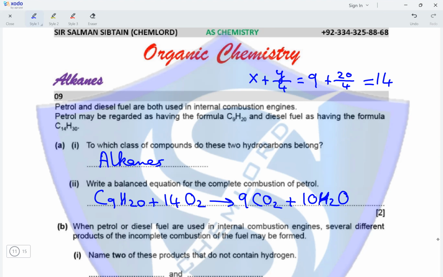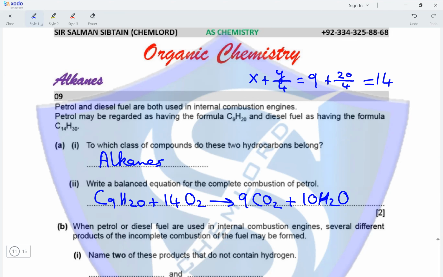When petrol or diesel fuel are used in internal combustion engines, several different products of the incomplete combustion of the fuel may be formed. Name two of these products that do not contain hydrogen.